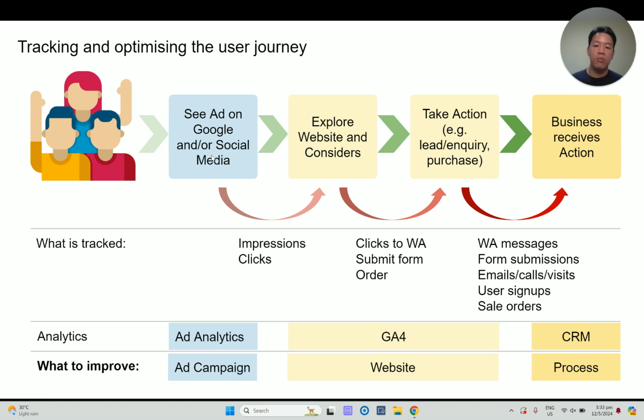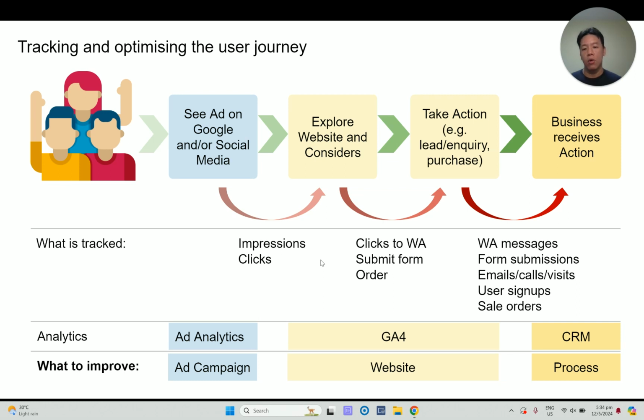We want to make sure that we are getting a good amount of impressions and clicks first. Once we have that, and once we are able to find a way to stabilize that and grow it month to month on a steady upward trajectory, we know that the ad campaign itself is largely stable. Then we turn our attention to the website itself.